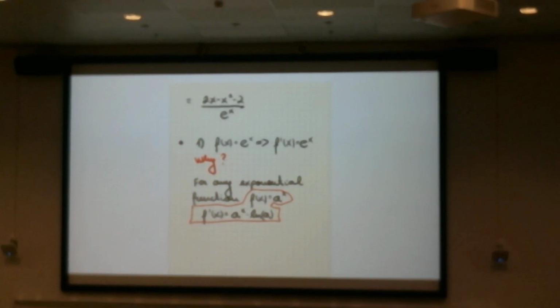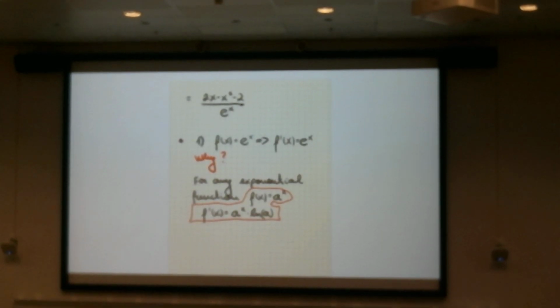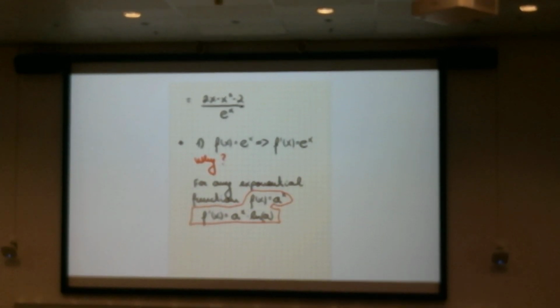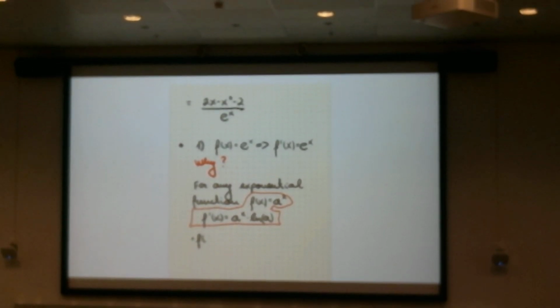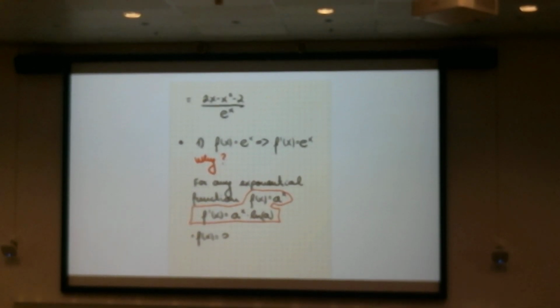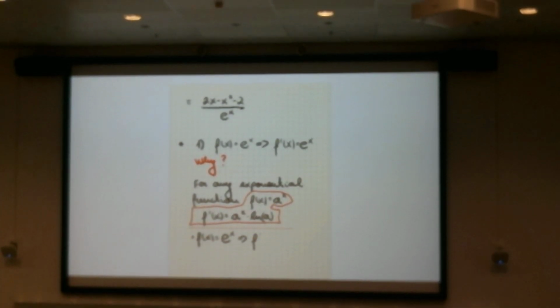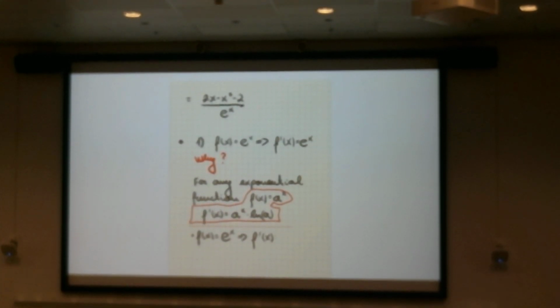But now this very nicely works with e to the x. So when we take a derivative of an exponential function with the base e, we are in fact applying this rule, and we do have e to the x times natural logarithm of e, right?